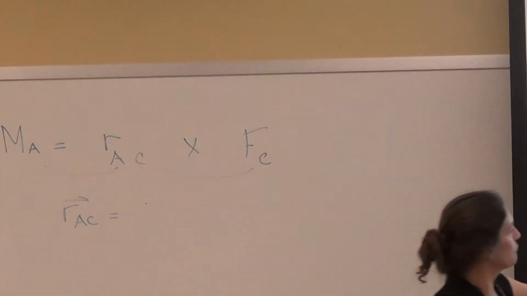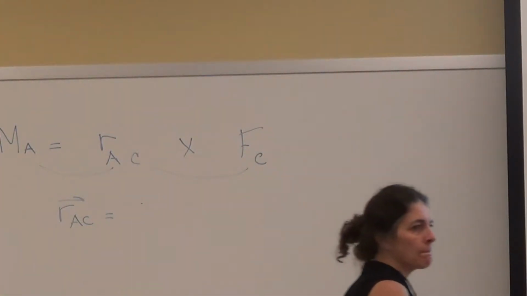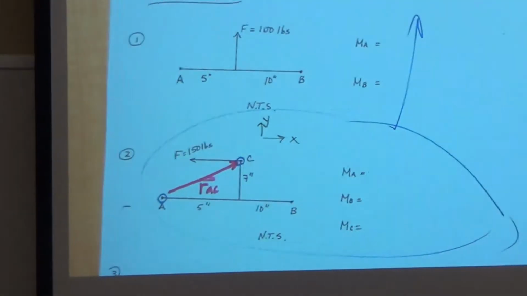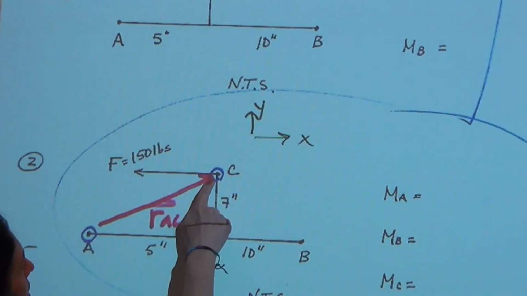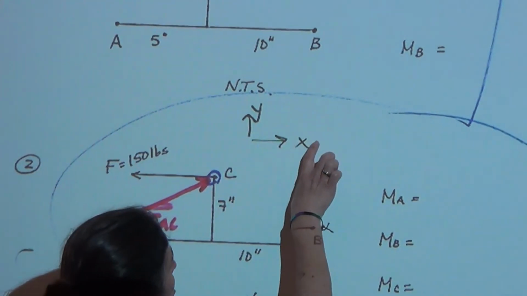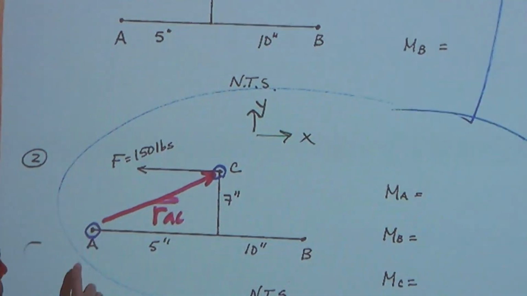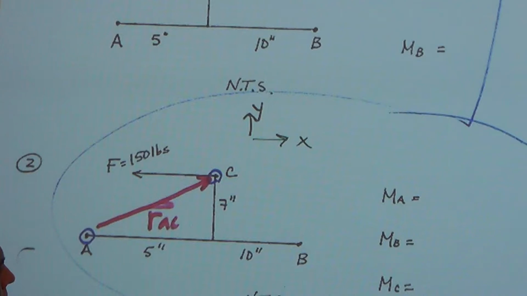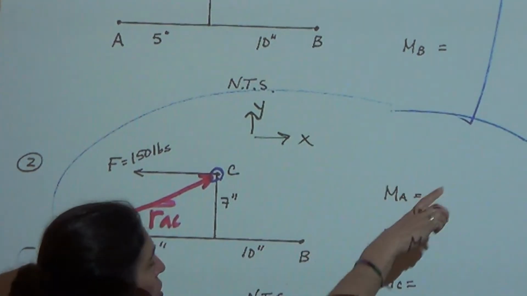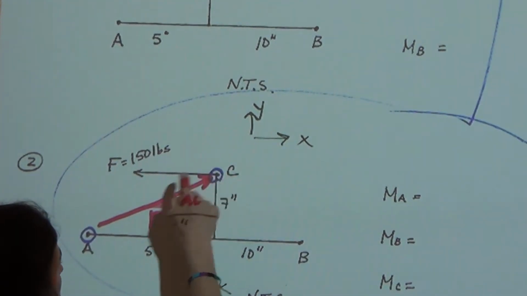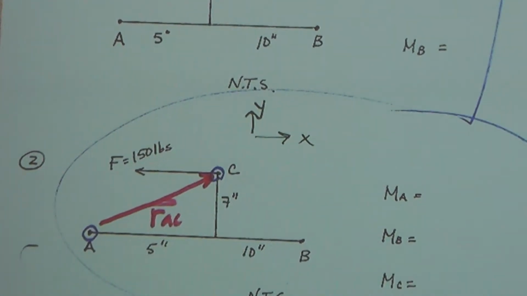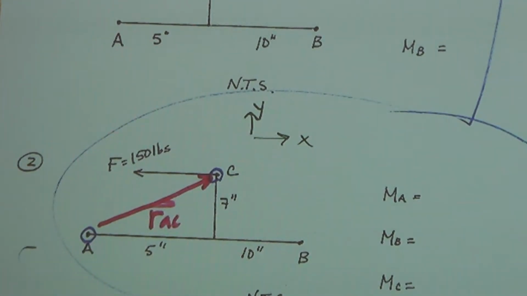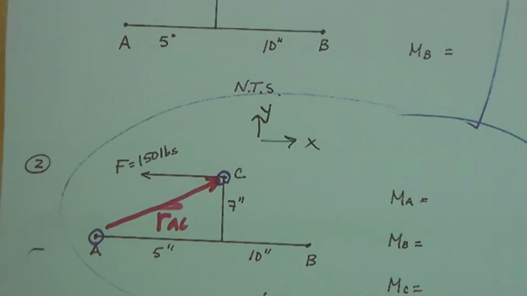-5i. Well, I mean, it's going from A to C. If your origin is at C, it doesn't matter whether the origin is here or here. We still know that the direction, we want to know what the distance is from A to C, and then we need to know the direction it's going in. Whether the origin is here or here, we're going from point A to C. Okay, so 5i plus 7j.